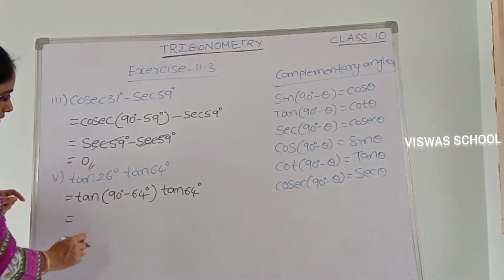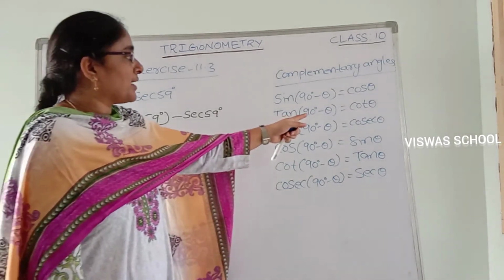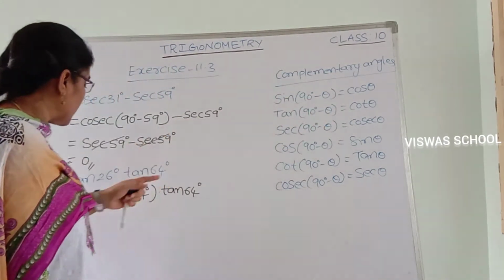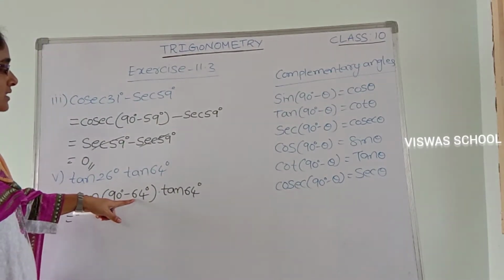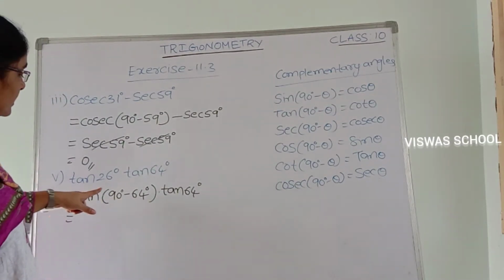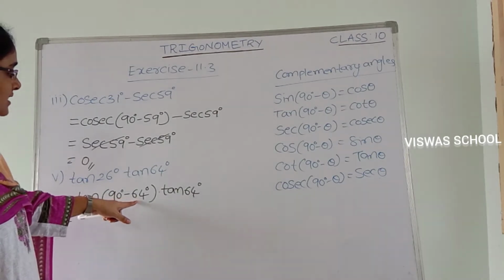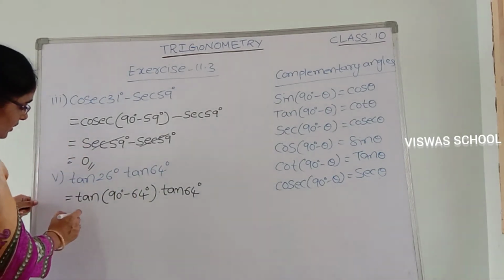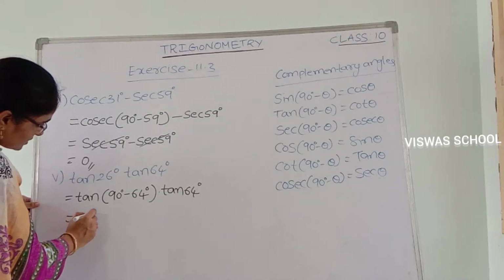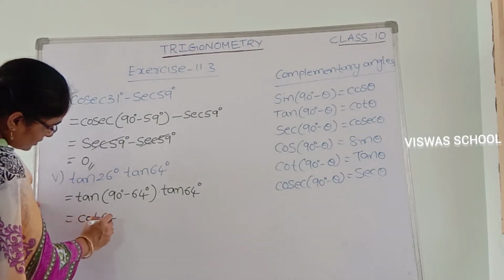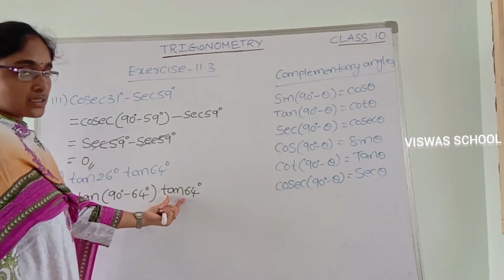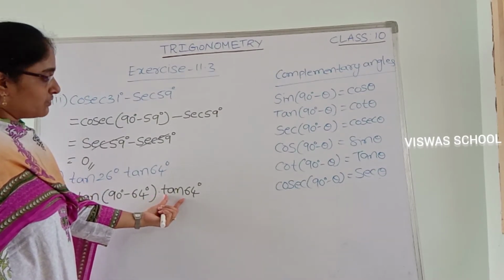Now tan of 90 minus theta is equal to cot theta. In theta's place here the degree is 64 degrees. That is, tan of 90 degrees minus 64 degrees is equal to cot 64 degrees. I already said that tan and cot are multiplicative inverses.